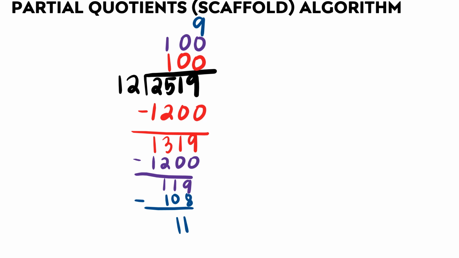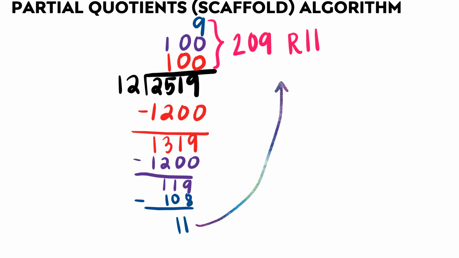That's too small. So since our last number here is smaller than our divisor, then that must be the remainder. So now we're just going to combine all of those partial quotients up there at the top. 100 plus 100 plus 9 is 209, and we have a remainder of 11.